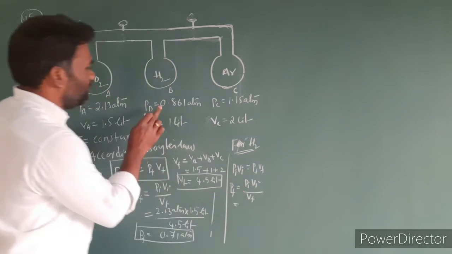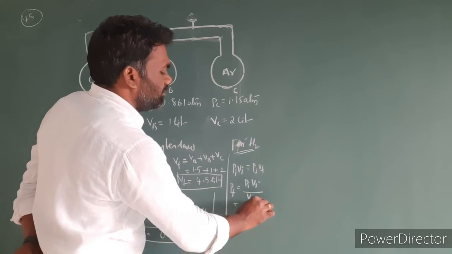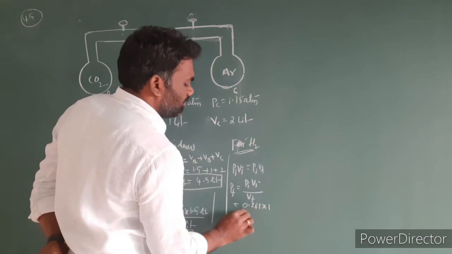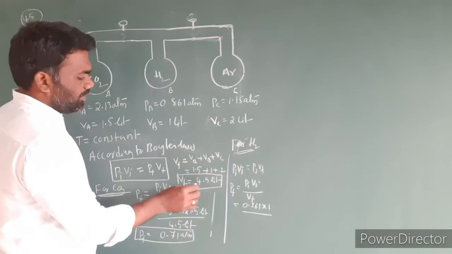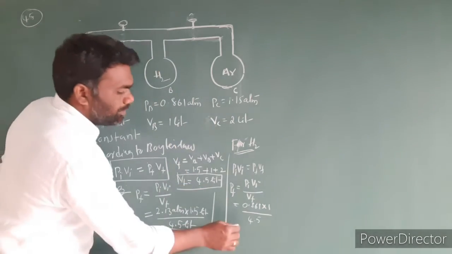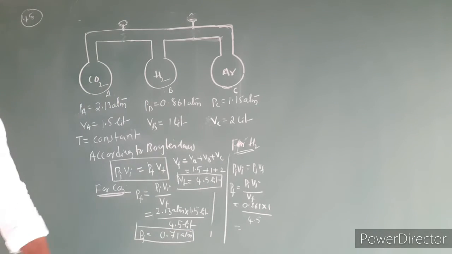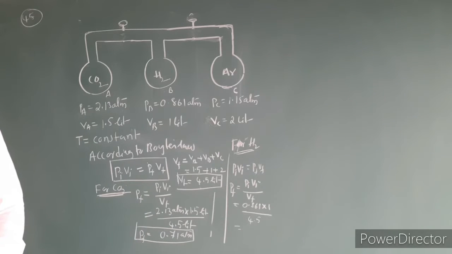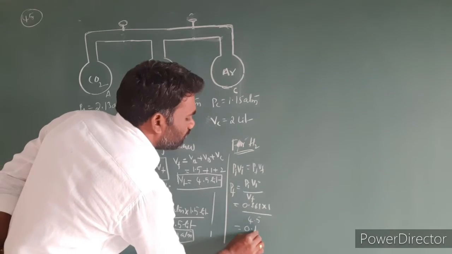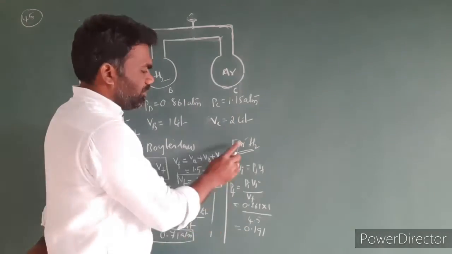Pi is given as 0.861, into Vi, the initial volume, which is 1 liter, and the final volume we already know is 4.5. Upon simplification, 0.861 into 1 divided by 4.5, you will get 0.191. So this is P final of hydrogen.